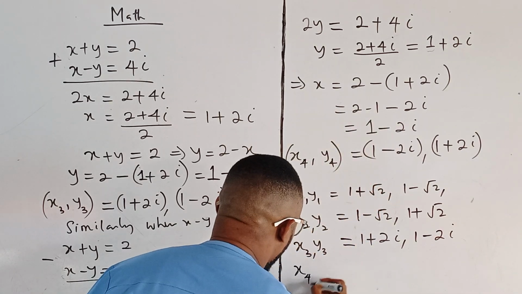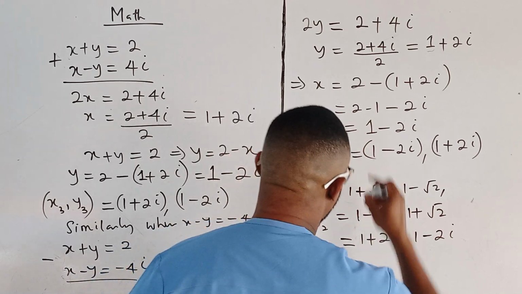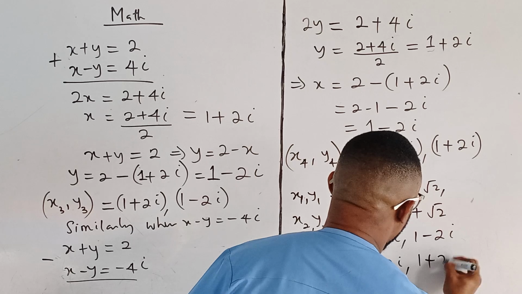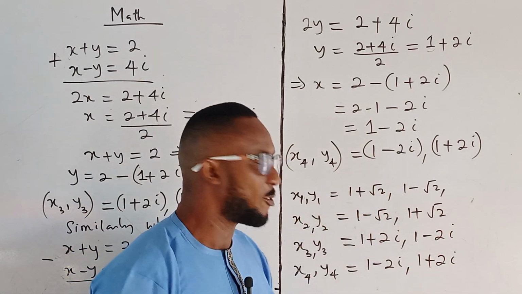So s4 and y4 give us what we have here, 1 minus 2 iota, comma, 1 plus 2 iota. So you can see the alternation in the solutions.